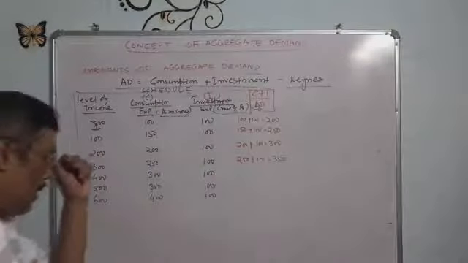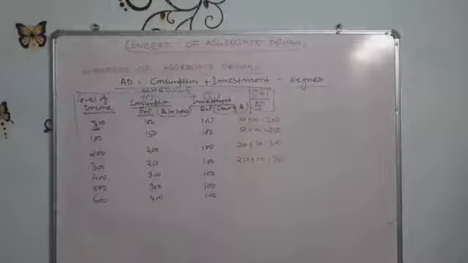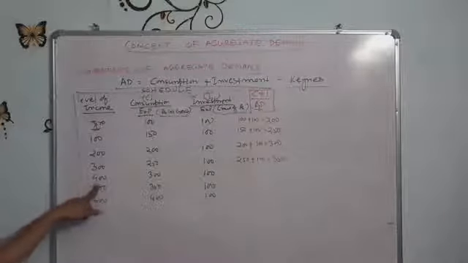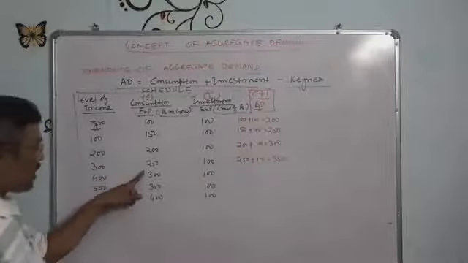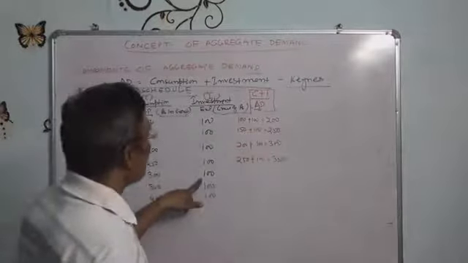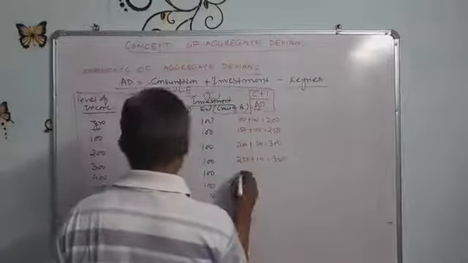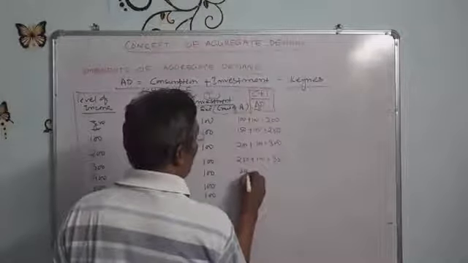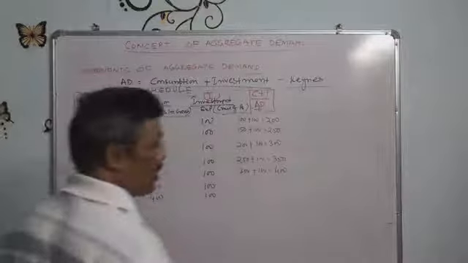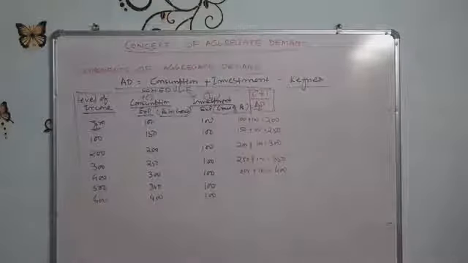Similarly, if income increases from 300 to 400 crores of rupees, consumption expenditure increases from 250 to 300 and investment remains the same, so aggregate demand will be 300 plus 100 equals 400 crores of rupees. These are my imaginary examples.